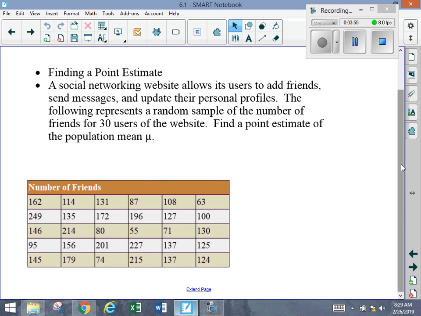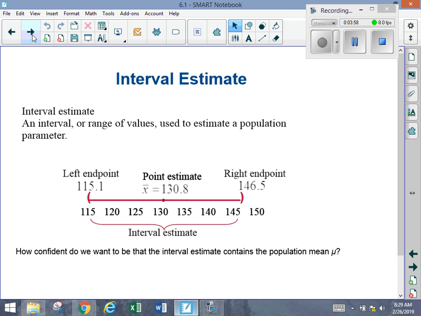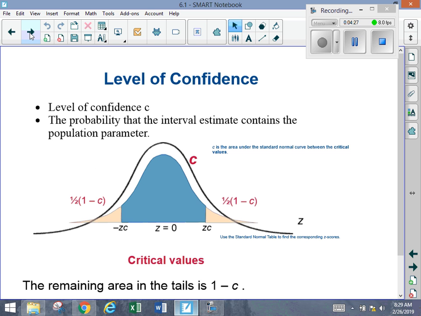I think that's something we've done. So we'll wind up with an interval. I think we're going to skip this because I want to just get to confidence. All right. Okay.